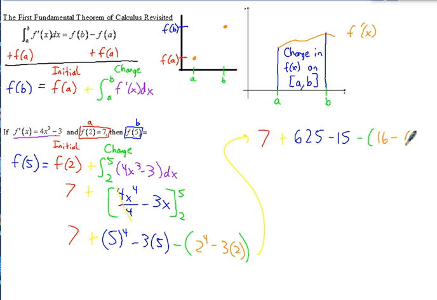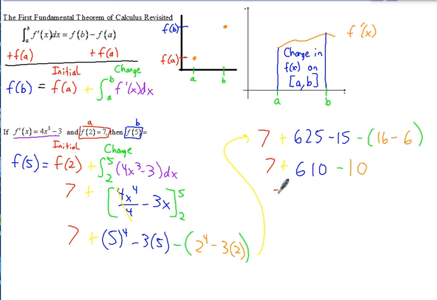Minus 3 times 2 is 6. We've got 7 plus 625 minus 15 gives you 610, minus 16 minus 6 is 10. 610 minus 10 is 600.